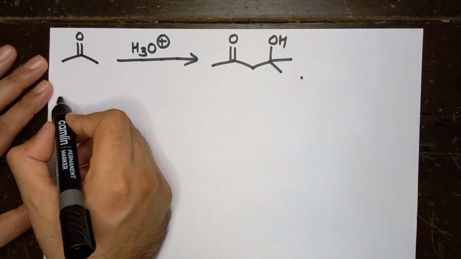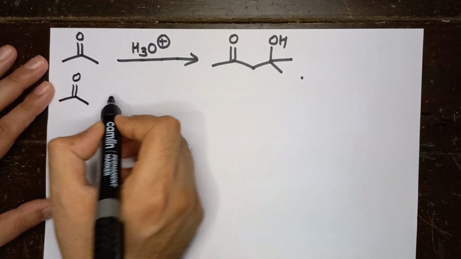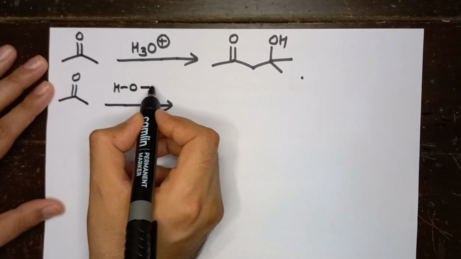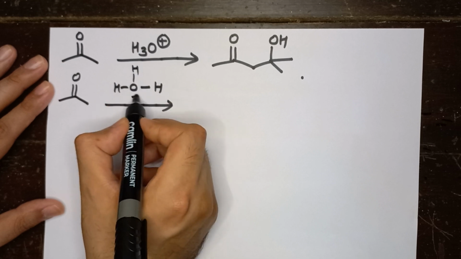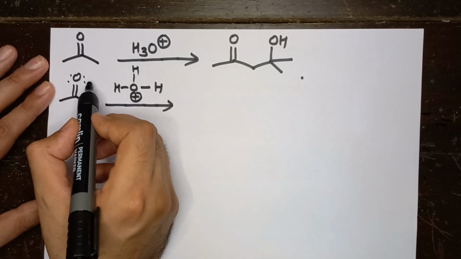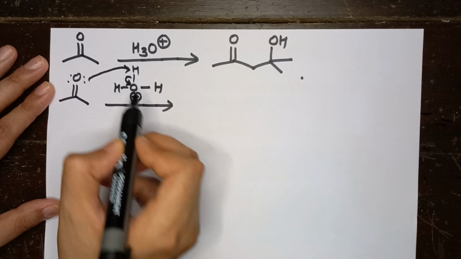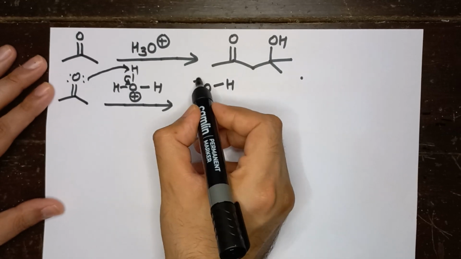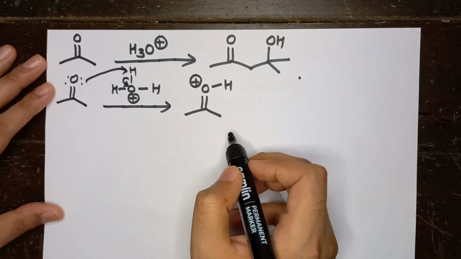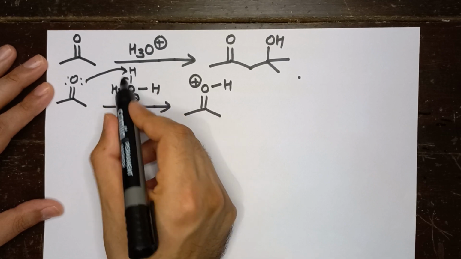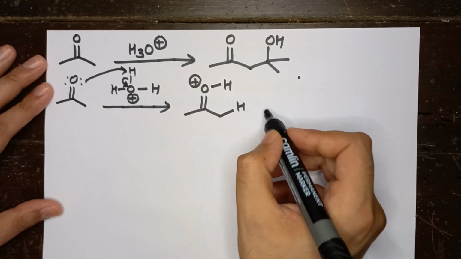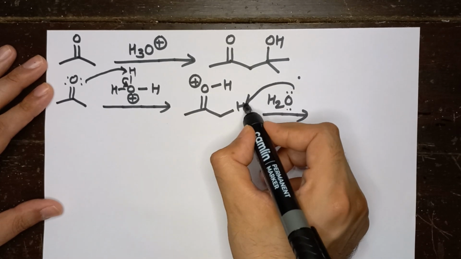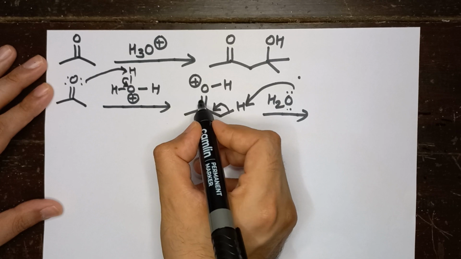Okay, so let's begin. We have acetone and we have this hydronium molecule. This oxygen can take this proton, neutralizing the oxygen, and this will give me this particular intermediate. We just removed water and we have an acidic proton, and water this time can act as a base, can take this proton, and this bond can migrate here neutralizing oxygen.